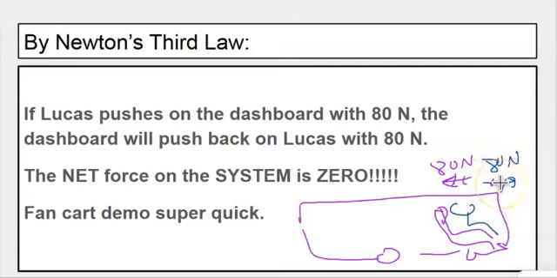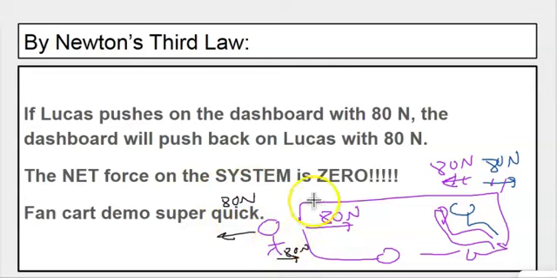That's why I have the corollary that you can't propel yourself, you have to push on the environment. So if he gets out of the van and pushes on the van with 80 newtons, then the van pushes back on him with 80 newtons, and we hope he has enough static friction to keep him in place, but he's now the environment pushing on the van.